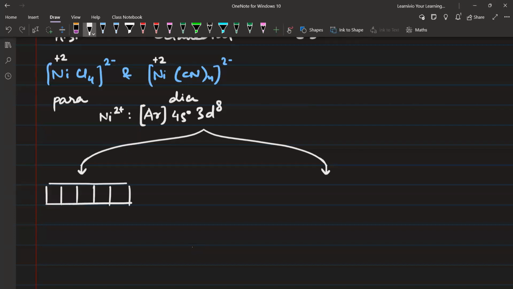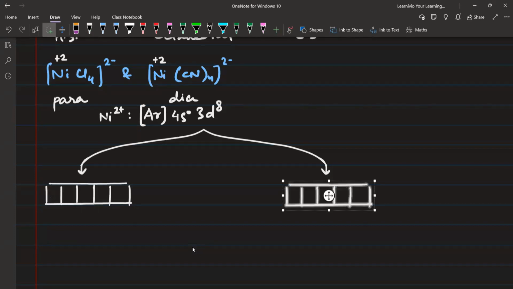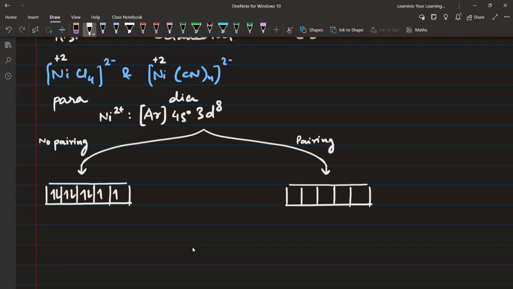These are the d orbitals, and similarly, we'll be having the 5 d orbitals here also. Okay. So paramagnetic, obviously, that means there is no pairing. And here you will be having some pairing. Look, we are having 3d8, so it will be 1, 2, 3, 4, 5, 6, 7, 8.